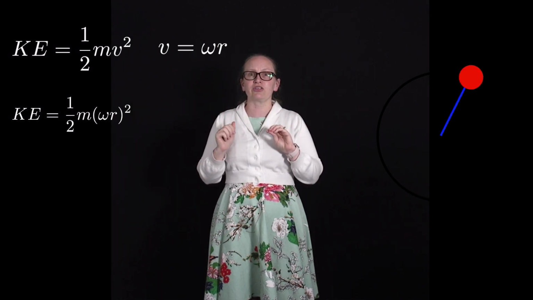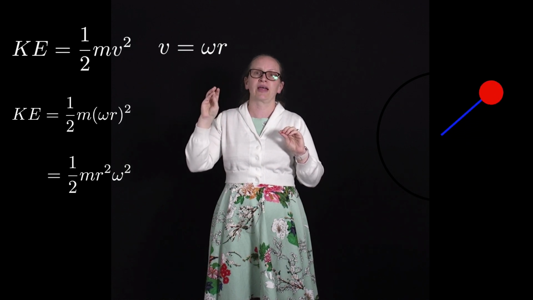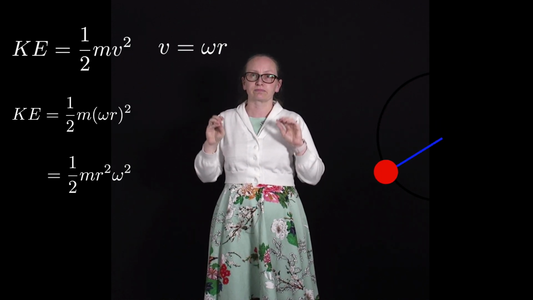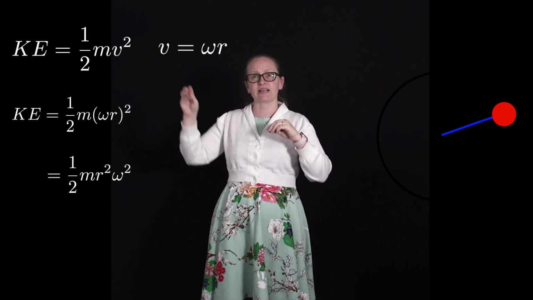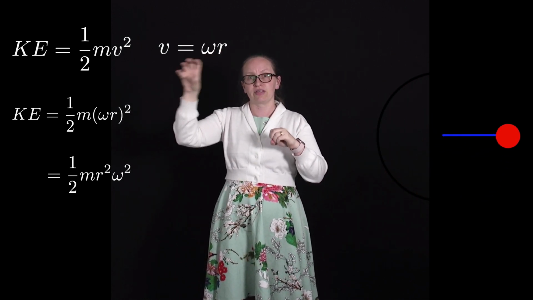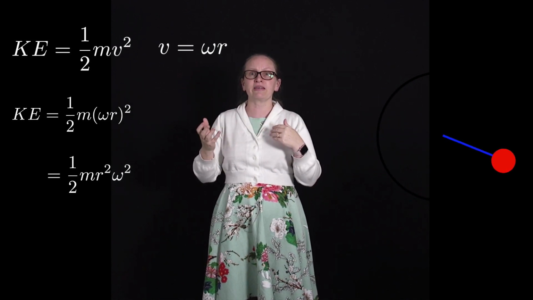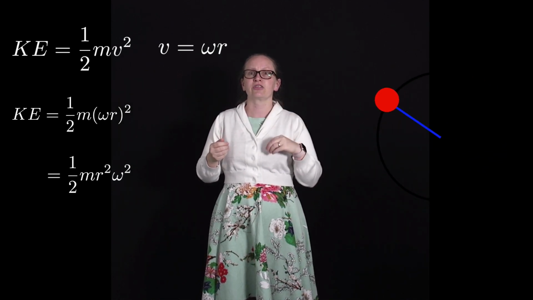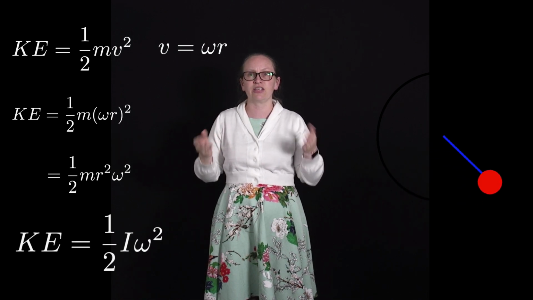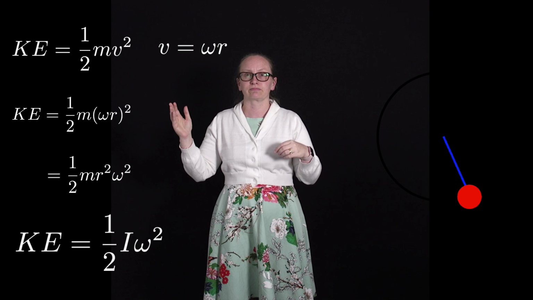Now we can rearrange this expression to write this is equal to a half m r squared omega squared. But as we've discussed with our moment of inertia, the moment of inertia of a point mass is given by mr squared. So we can replace that with I. So our kinetic energy is now written as half I omega squared.